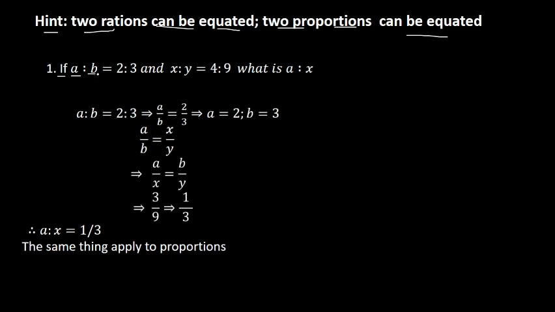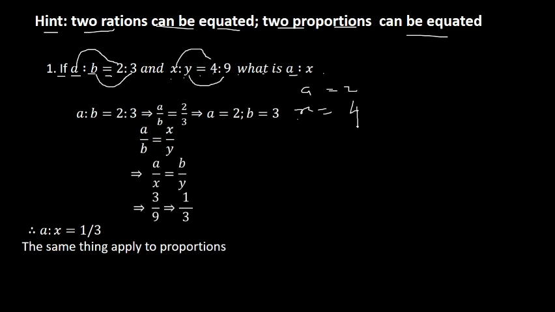If A ratio B is equal to 2 ratio 3, and X ratio Y is equal to 4 ratio 5, what is A ratio X? In this scenario, A is equal to 2, B is equal to 3, X is equal to 4, Y is equal to 5. Therefore, A is equal to 2, and X is equal to 4.